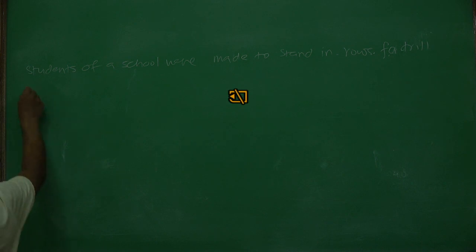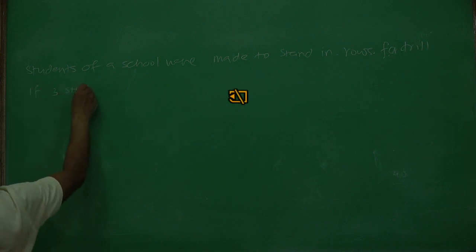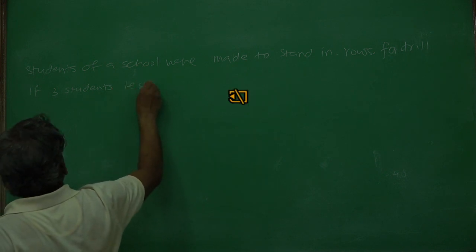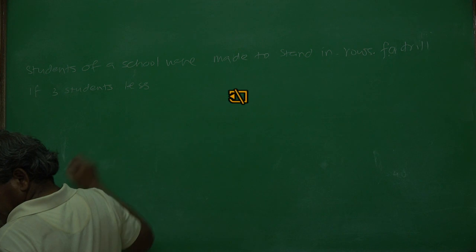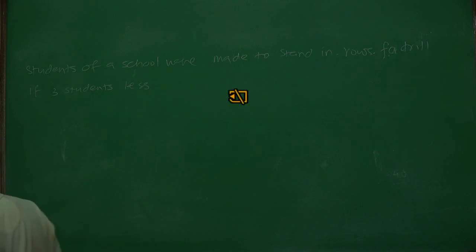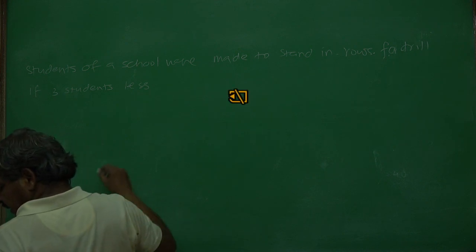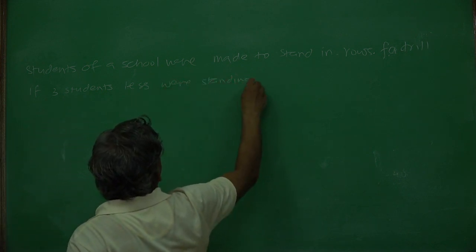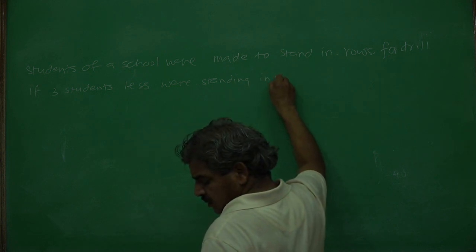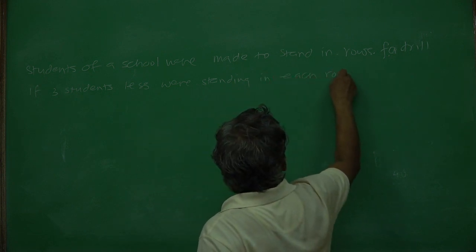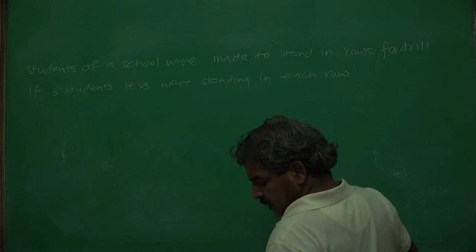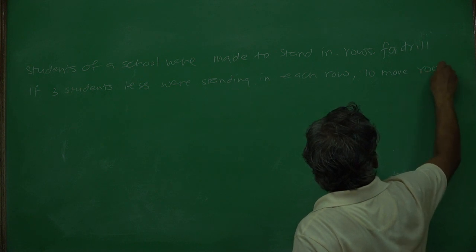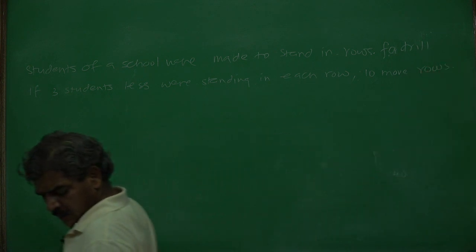If three students less were standing in each row, 10 more rows were required.